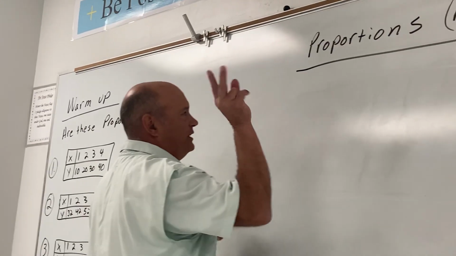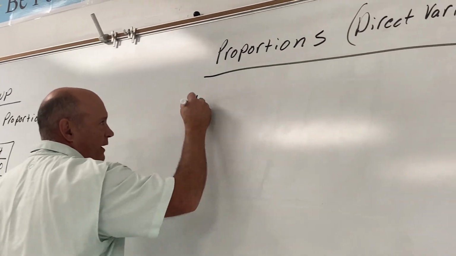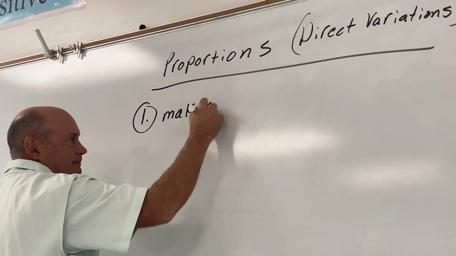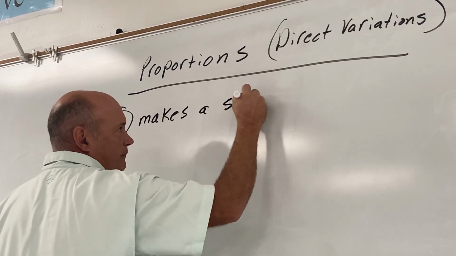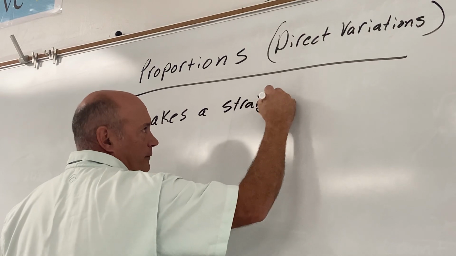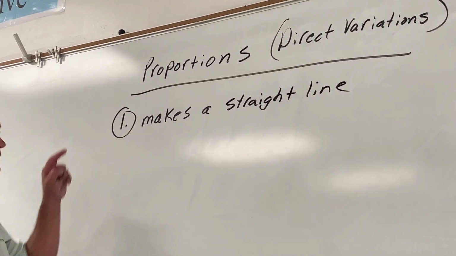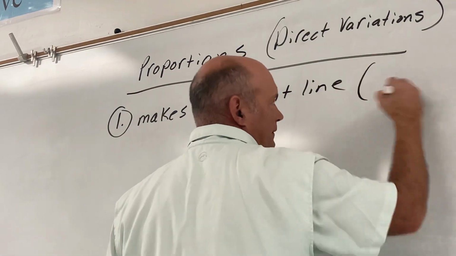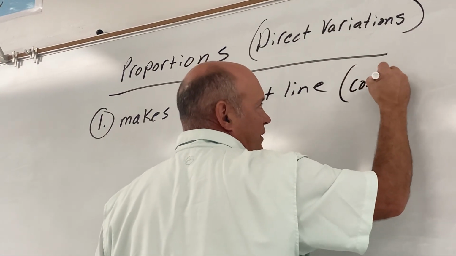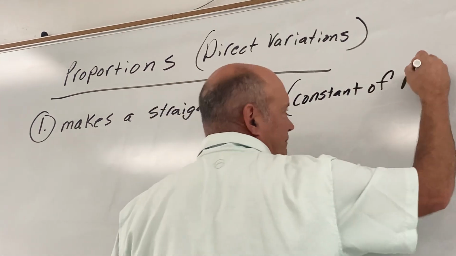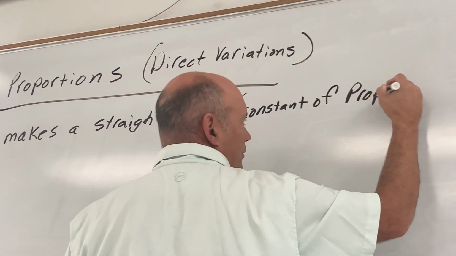A proportion does two things. One, it makes a straight line when we graph it. And to make the straight line, it must have what's called a constant of proportionality. It's a big word.